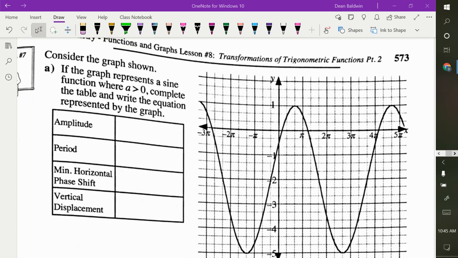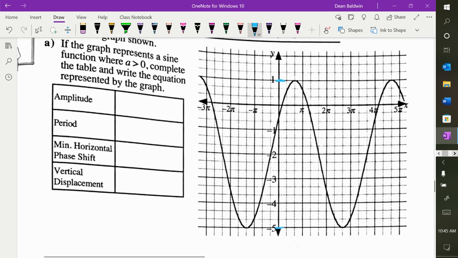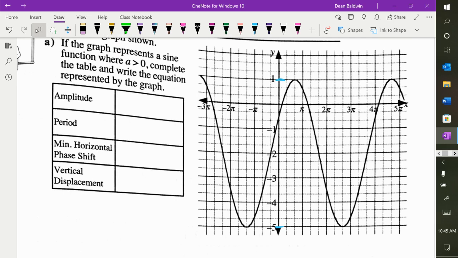All right, here's our graph. You know we've added a D value because it's not equidistant from the origin. It only goes up to 1 here, and it goes to negative 5 here. So we've shifted the graph up and down. All right? So find C last, because C is the hardest one to figure out. A and D are the easiest because they're 2 formulas.